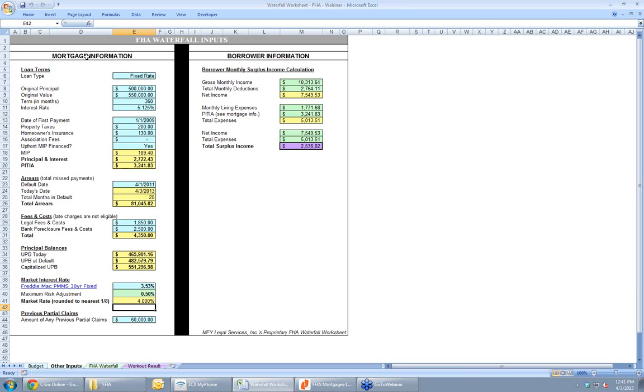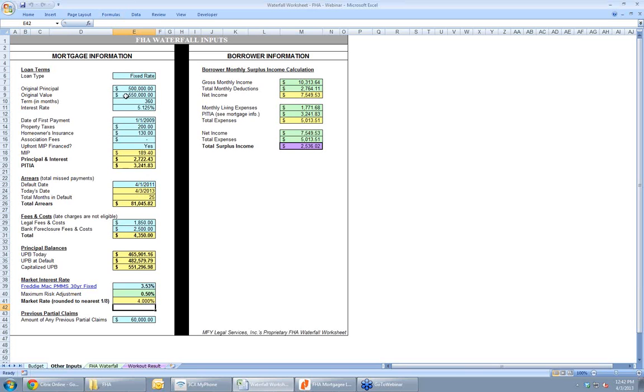One thing that affects all of this a lot is that there's MIP, there's insurance on FHA loans that borrowers have to pay as a part of their monthly payment. And so we've built in a function to calculate what the MIP is, because we found that most often people actually don't know what portion of their payment is the MIP payment. But because we're calculating that, it requires a few extra inputs.